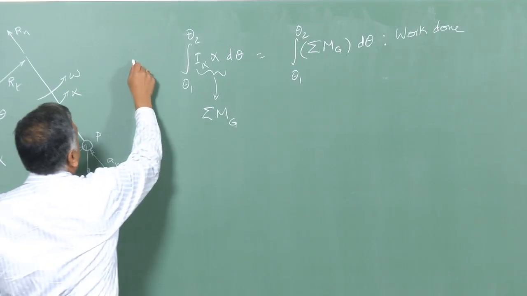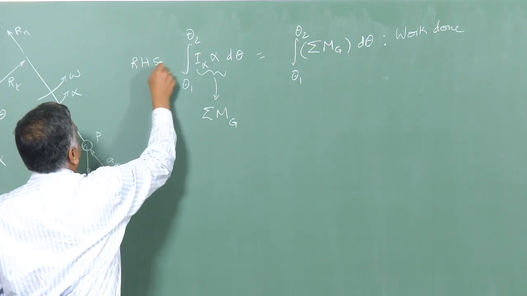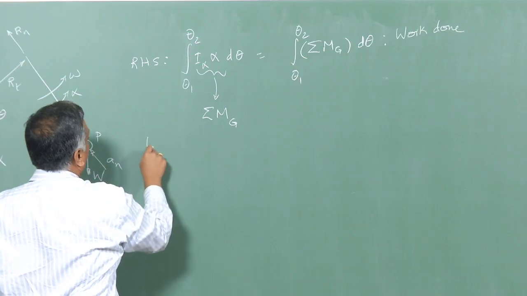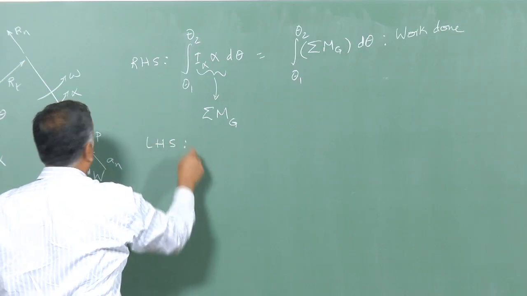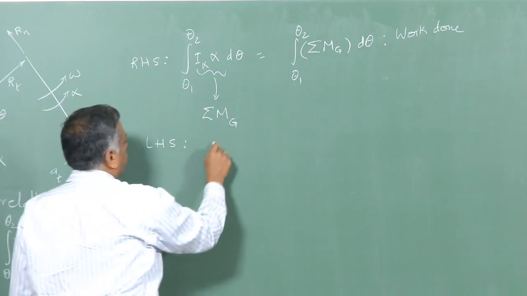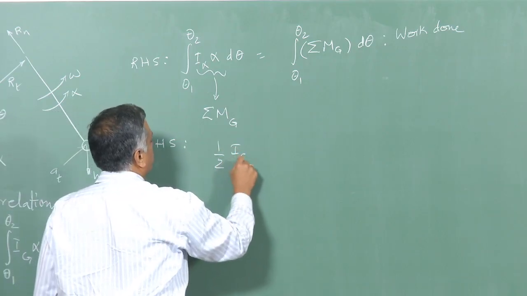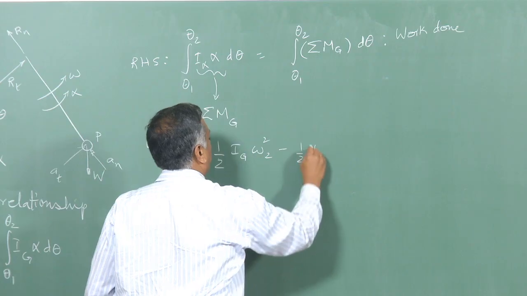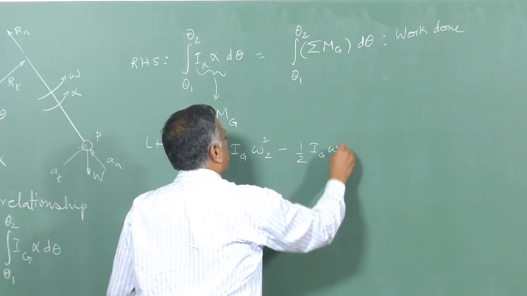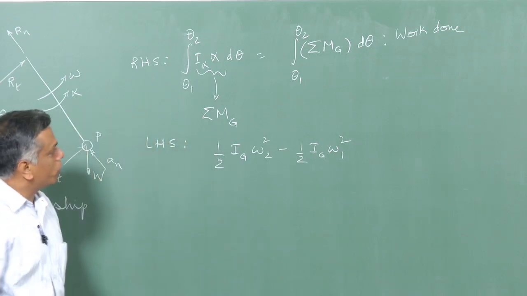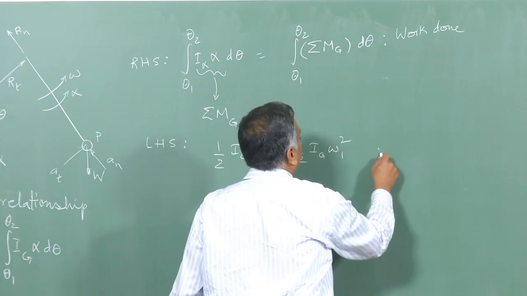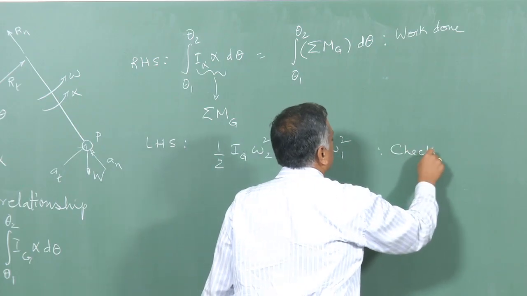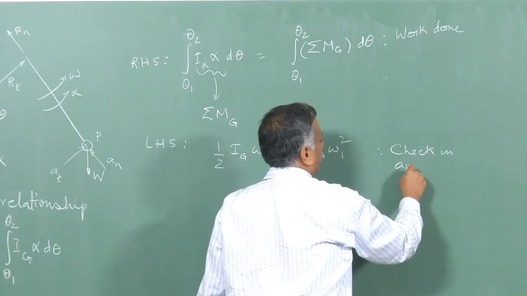This is my right hand side. The left hand side, if I simplify that, would essentially give me half Ig omega 2 squared minus half Ig omega 1 squared. And you will all recognize that this is the change in the kinetic energy, change in angular kinetic energy.